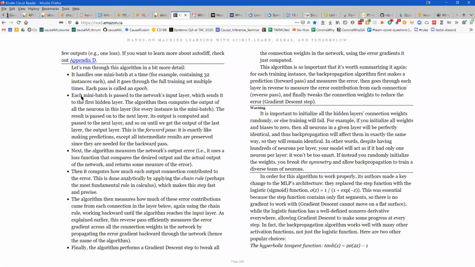So that's the forward pass. If you have more than one layer, you pass it through all the layers until you get to the output, and that's called the forward pass. Then you measure the output error using some kind of loss function that compares the predicted output with the known output, with the true output, what we expect the true output should be.